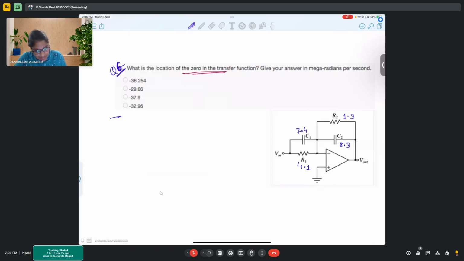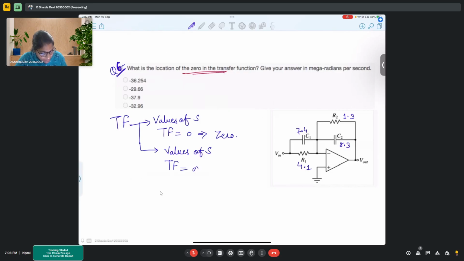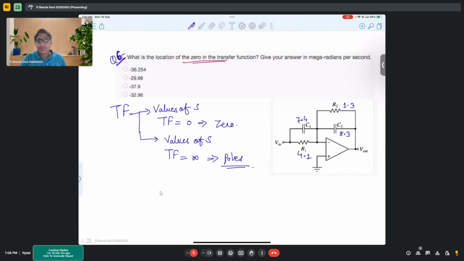We know that when there is a transfer function, the value of s for which TF equals 0 is a zero. The values of s for which TF becomes infinity are poles. Correct? We know this, right? So now let's find the transfer function.